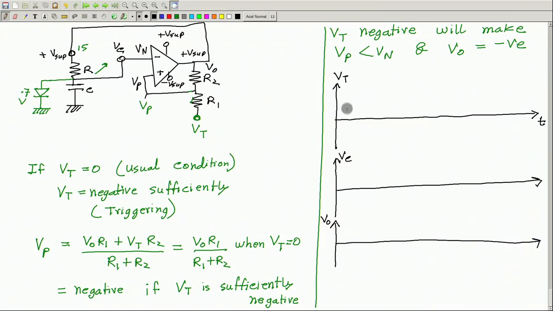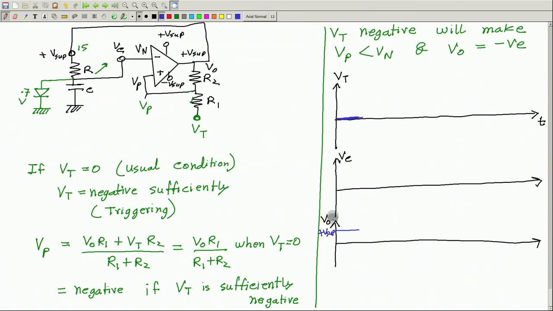Say at some moment this voltage V t is 0, it is kept 0. Okay. If this is 0 and say initially also V o is positive, okay. Say if V o is positive, means equal to plus V supply, then what is going to happen to V c? Say we start with some initial value of V c.